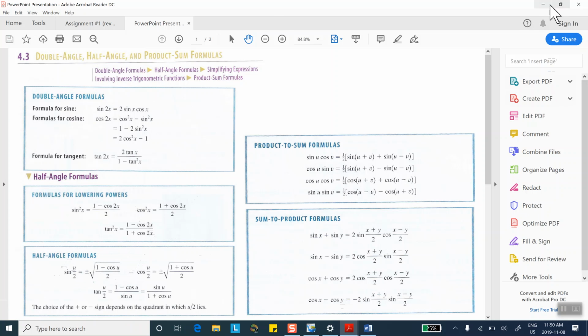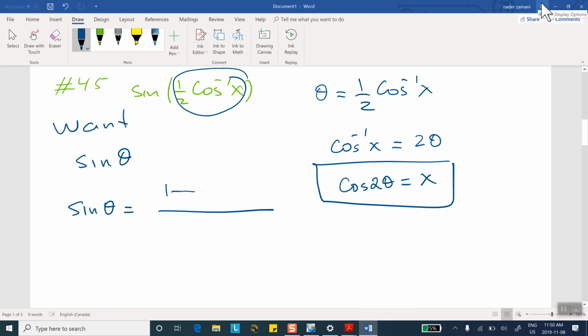So let me write it here for you. I'm using this formula. Sine of u over 2 equal to plus or minus square root of 1 minus cosine of u, all over 2.